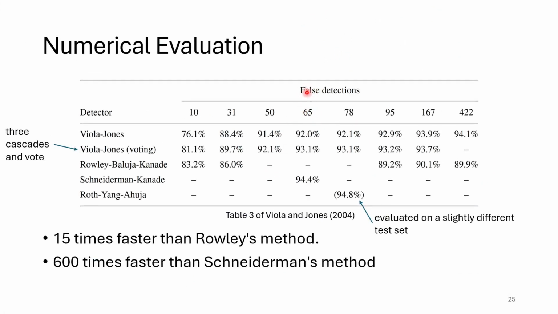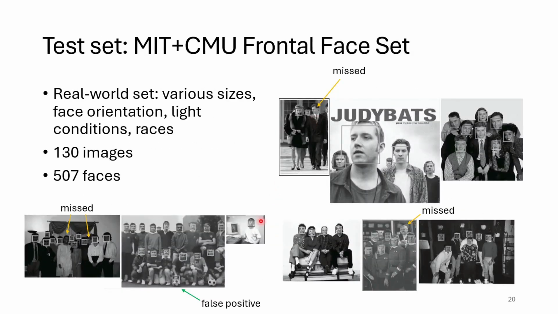Let me read. The first task here means we have a dataset, the NIT plus CGU multiset, and there are more than 20 faces. If there are 65 false positives, what does this mean? It is not a face, but the algorithm detects, oh, this is a face. For example, this is a ball, but it detects that this is a face. So this is a false positive.